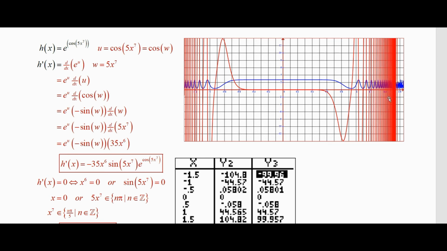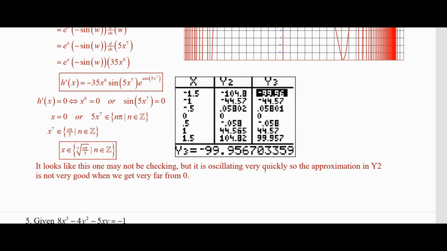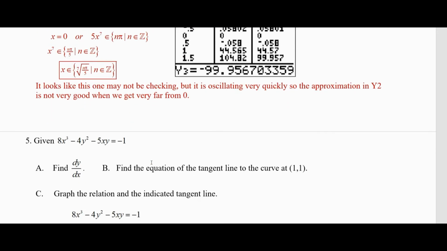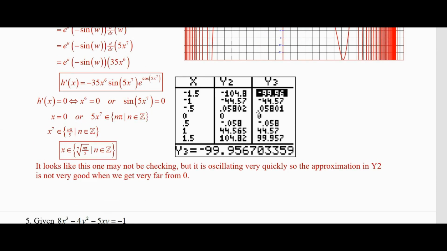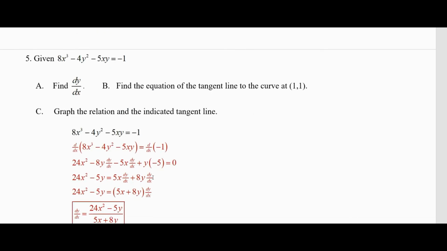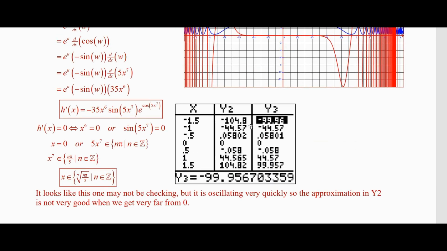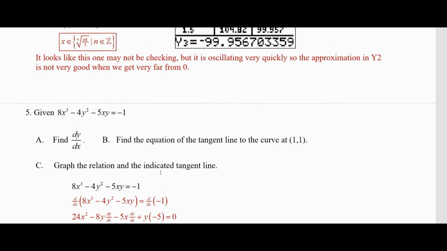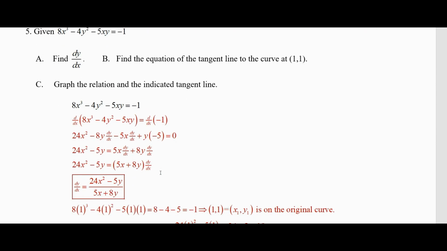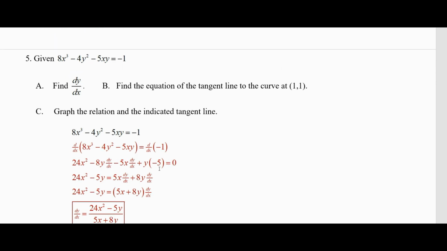And because this thing's going up and down so much and so fast, that's why this table doesn't look very good if we check it very far from 0. It checks out pretty nicely, pretty close to 0 here, but then when we get further away, the check doesn't work as well. Because after all, this is a numerical derivative, symmetric difference quotient. Okay, let's do one more on this video, and we'll do the rest on the next one.